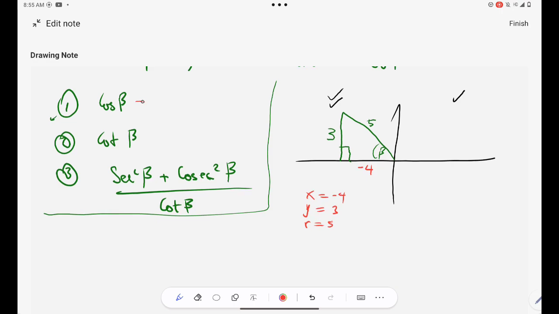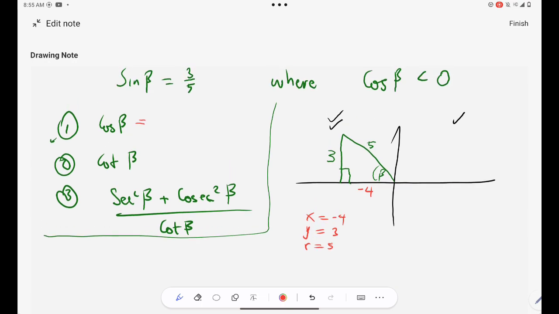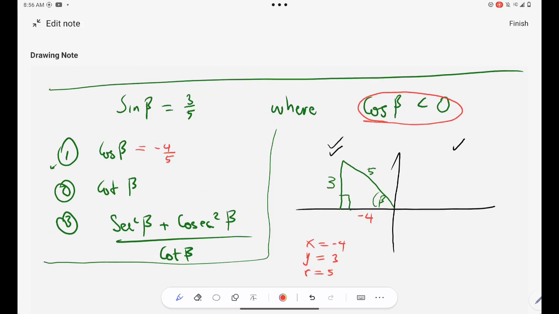The cos of beta, cos by definition is x over r, so this is minus 4 all over 5. They did say that cos is negative. Now they want me to find the cot of beta. Cot is x over y.